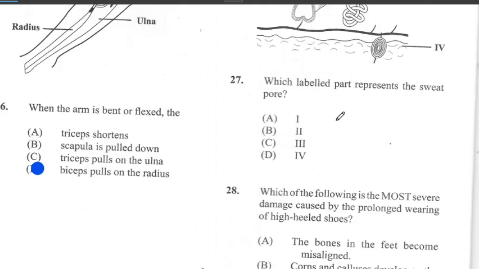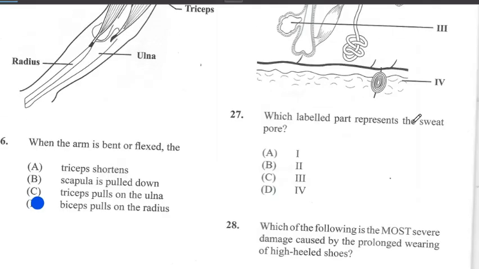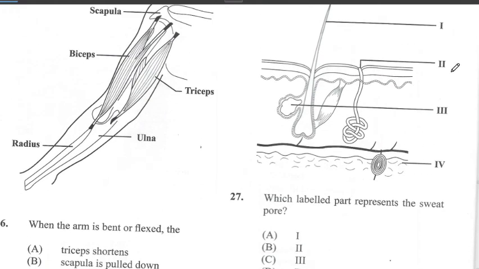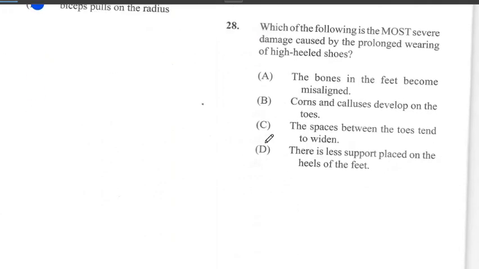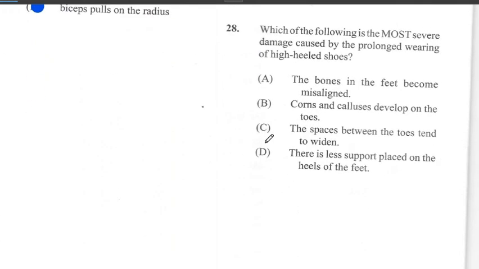Which labelled part represents the sweat pore? This would be right here at I. So the answer for this would be B. Which of the following is the most severe damage caused by the prolonged wearing of high-heeled shoes? The bones in the feet become misaligned because of wearing them for so long.